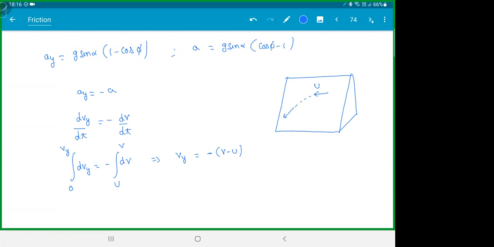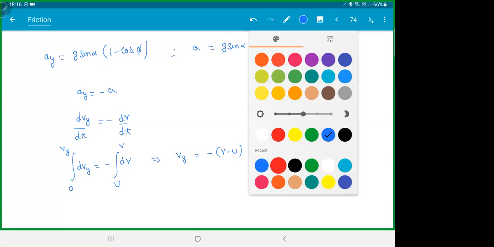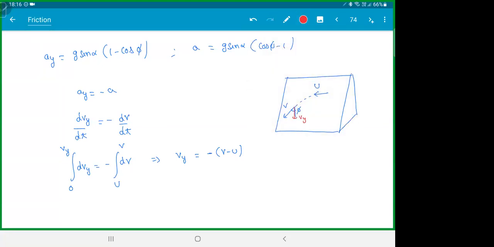This was speed v. This was angle phi. This component was vy. Vy is nothing but v cos phi. So v cos phi is equal to u minus v. We get v is equal to u by (1 plus cos phi). This is your velocity as a function of angle phi.